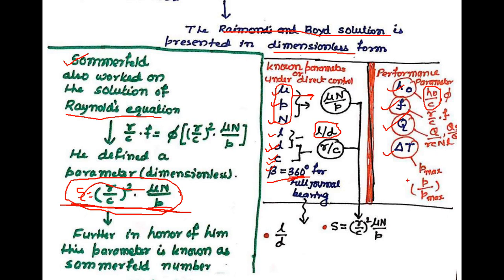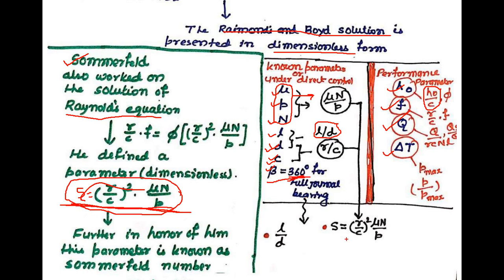So another dimensionless parameter is defined, p upon p max, to represent the temperature rise delta T. This parameter is defined by Raimondi and Boyd, and the solution of the Raimondi and Boyd method is presented in several graphs.